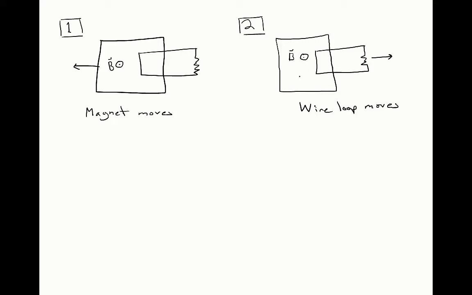So when I look at these, I think initially these should give us the same result. In either case, we're moving the magnet or the wire loop so that less magnetic field is contained in the wire loop. It makes sense that we would get the same EMF induced in each case. So let's remind ourselves what we would expect. We're just thinking about Lenz's law. There's magnetic field coming out of the screen, and the magnet is moving so that less of this magnetic flux is contained within the loop.